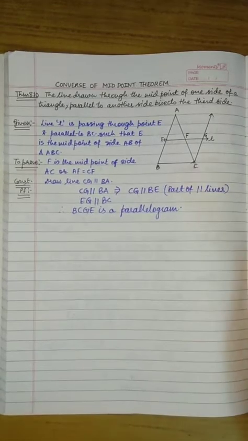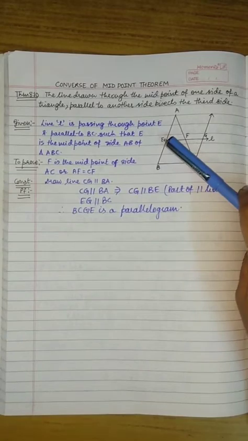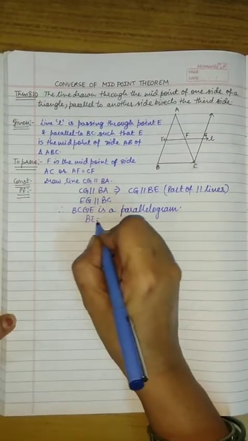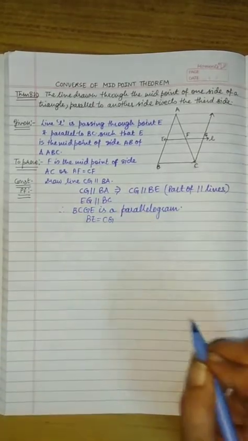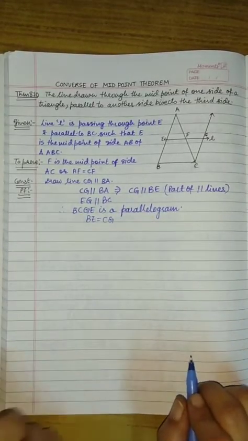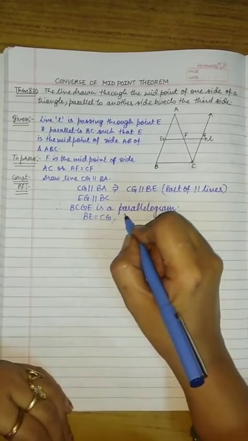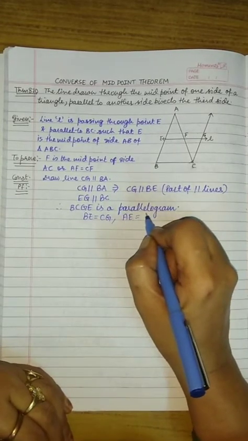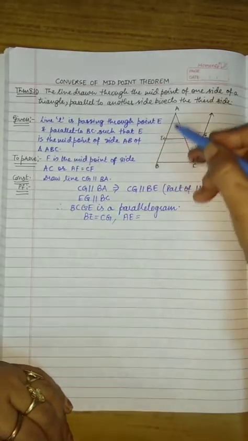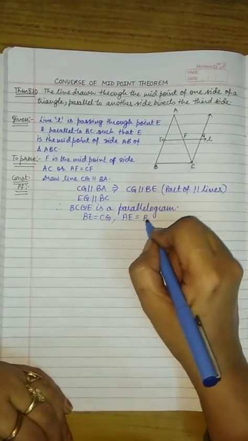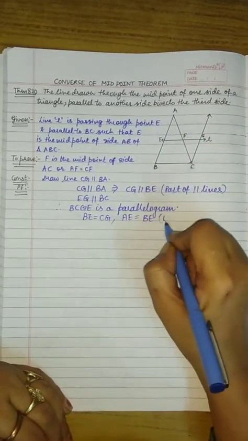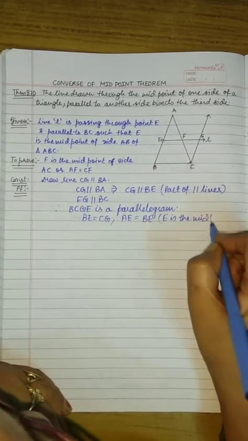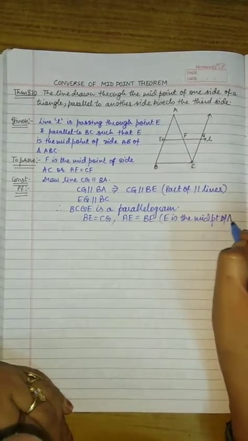Now if BCGE is a parallelogram, then you can say that BE is equal to CG, and we are given that AE is equal to BE, because E is the midpoint of AB.